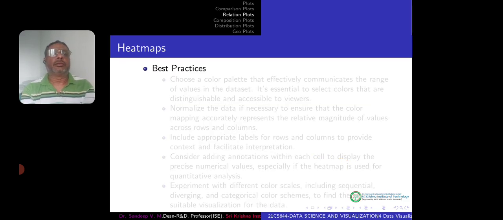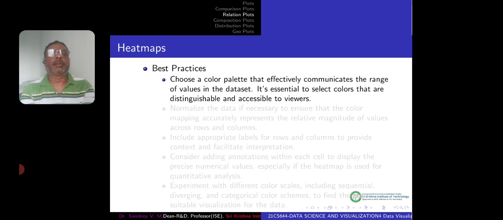To ensure the best results when working with heat maps, let us see some best practices. Make sure to choose a color palette that effectively communicates the range of values in the data set. It is essential to select colors that are distinguishable and accessible to the viewer.